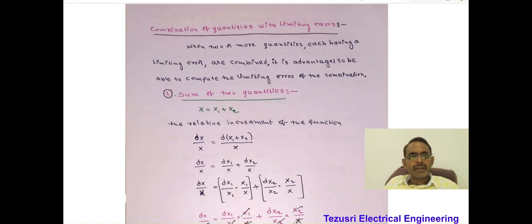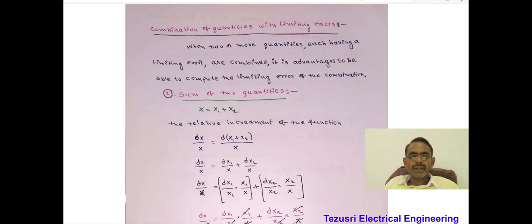Next, the important topic: combination of quantities with limiting errors. When two or more quantities, each having a limiting error, are combined, it is advantageous to be able to compute the limiting error of the combination.